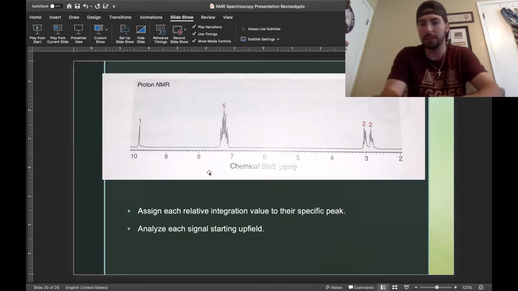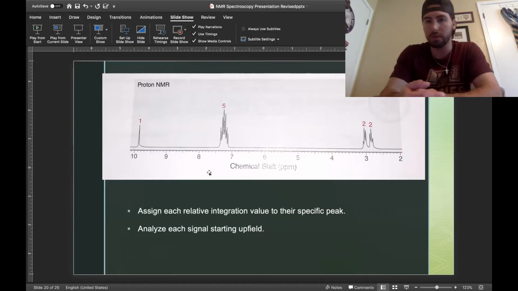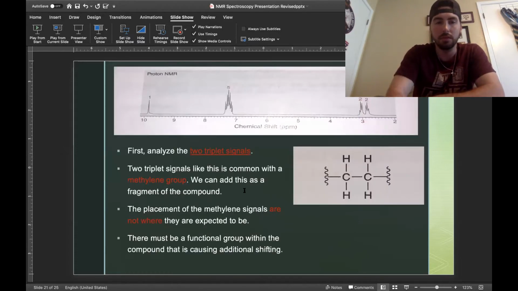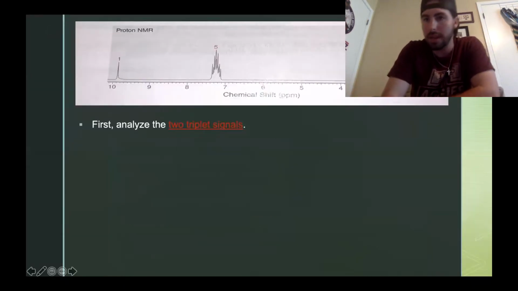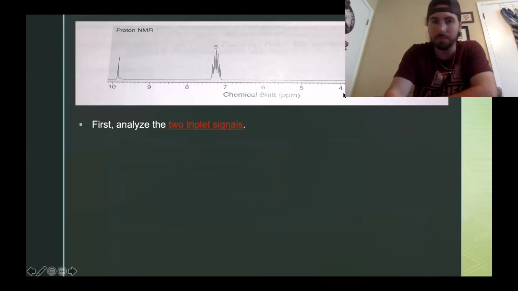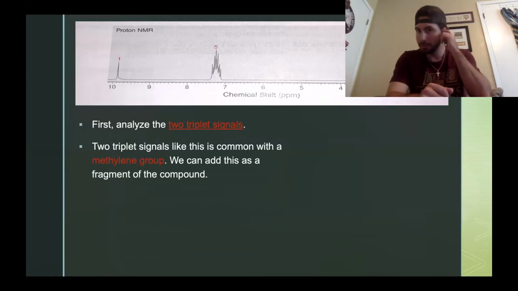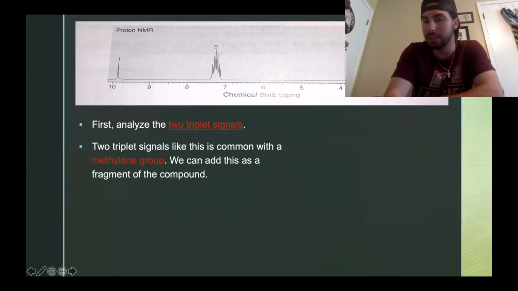So now we're going to analyze each peak like she did with hers. We're going to start with the first one upfield, which will be this one. So we're going to analyze these two right here first. These are common with the methylene group because there's 2 protons present in each of them. And the splitting, there's 3 peaks, so there's 2 neighboring protons affecting each of them.